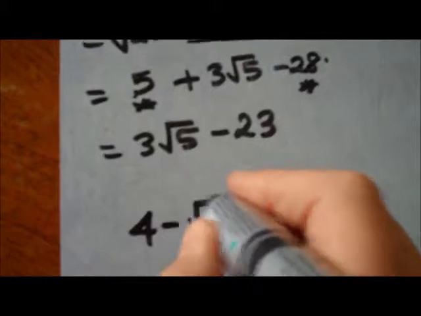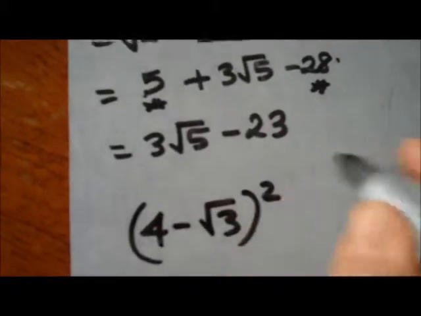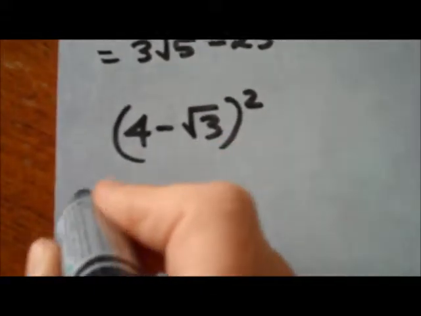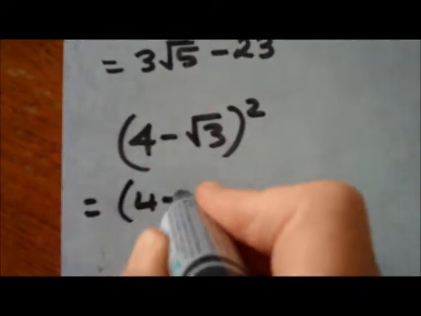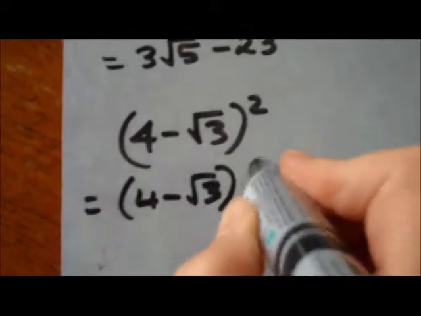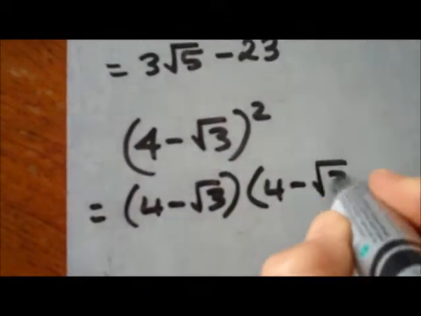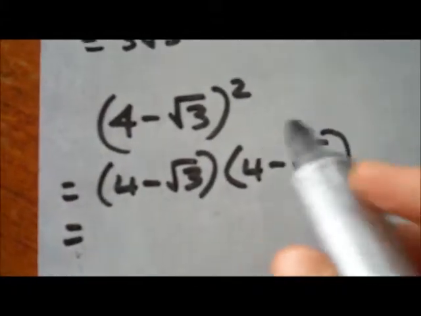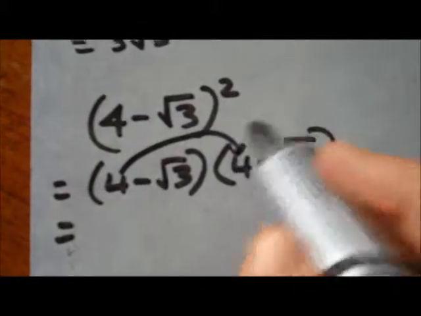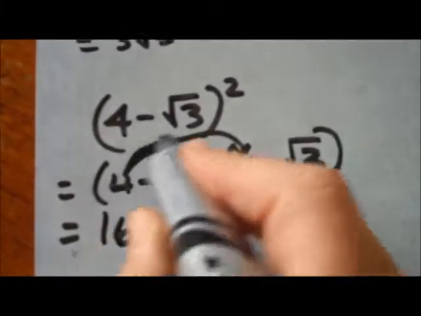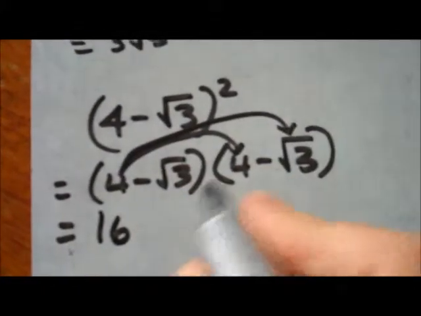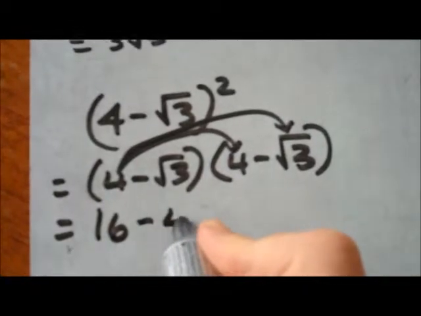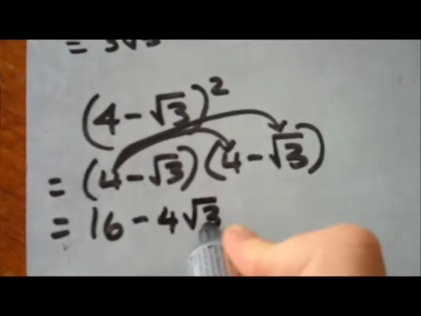Let's have a look at another one. 4 minus root 3 all squared. Okay, let's have a look at that one. If I wrote that out, I would get 4 minus the square root of 3, 4 minus the square root of 3. Okay, so let's go again. 4 times 4 is 16. 4 times negative root 3 is minus 4 lots of root 3.